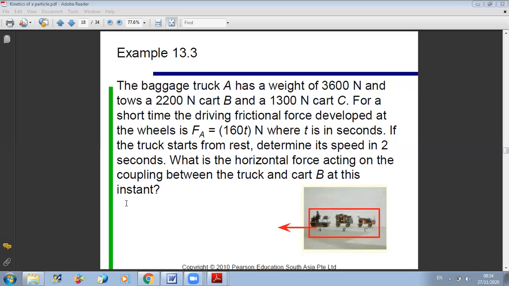So now if I take a system A plus B plus C, note that always when you apply the second law of Newton, you should specify your system.